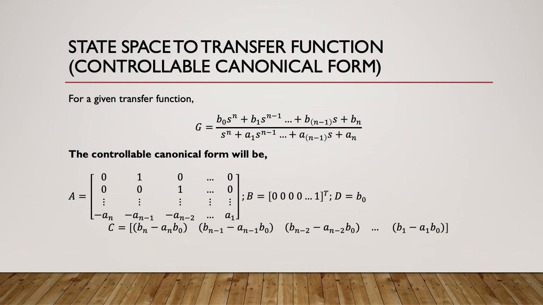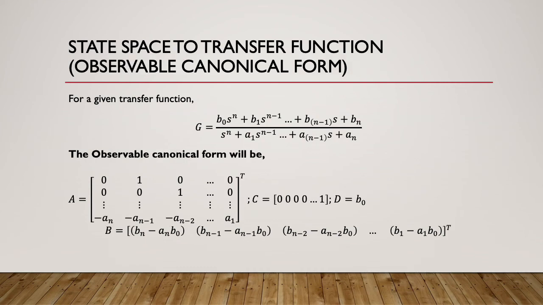Similarly, we have a second kind of canonical form. The second type of representation is the observable canonical form. There is a duality between the controllable canonical form and the observable canonical form.